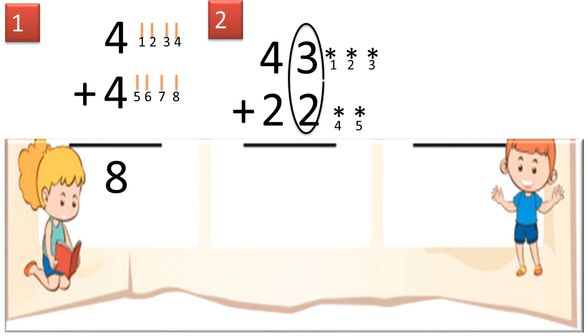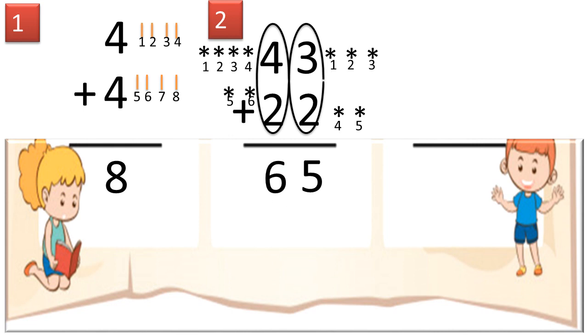Then we want to add together: 3 plus 2 equals 5. Then next we want to add 4 plus 2. Then we will get 6. 4 plus 2 equals 6. Then 43 plus 22 equals 65.